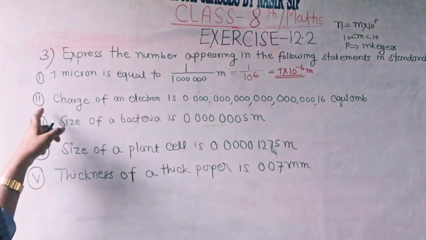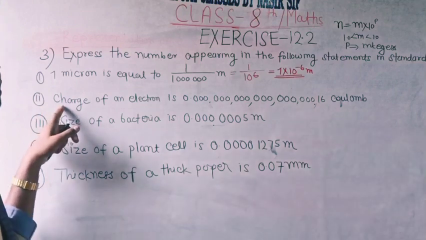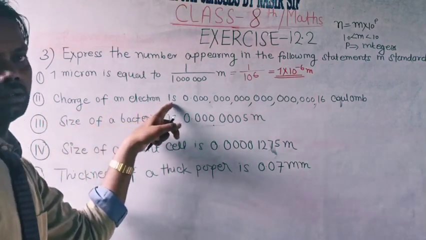Now move to the second part. Charge of an electron is 0.00000000000000000016 coulomb.